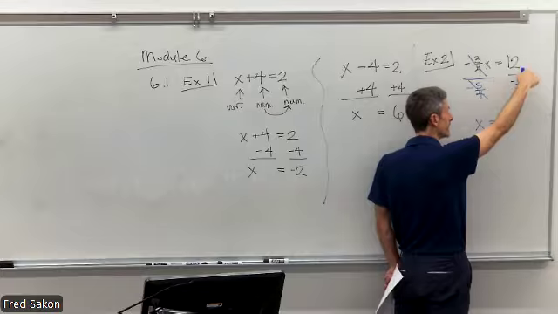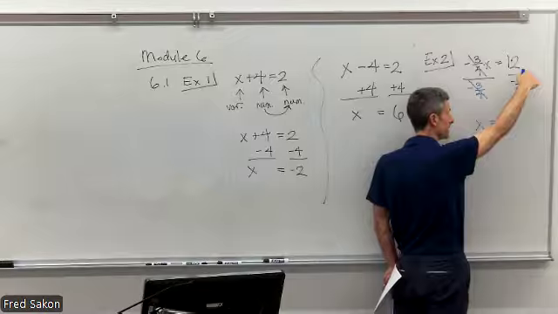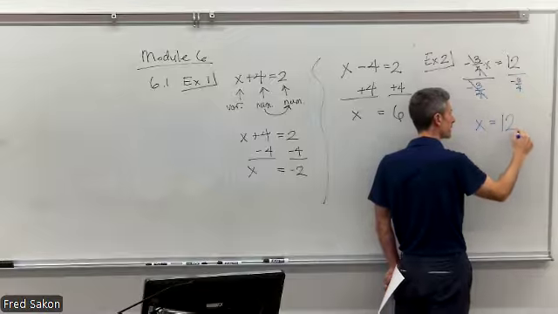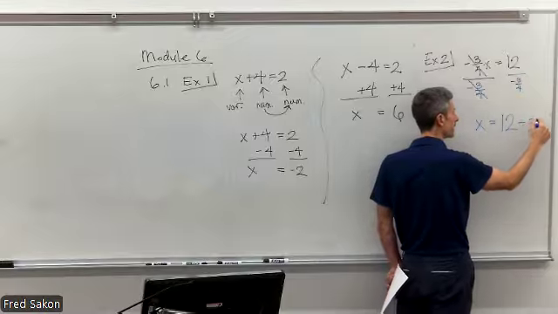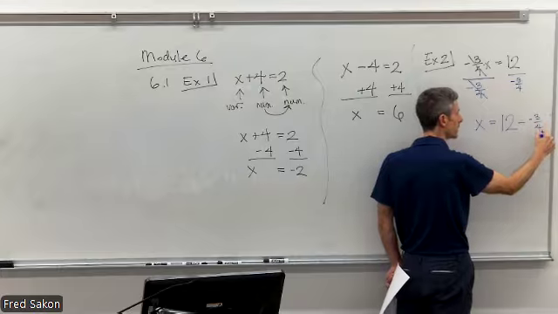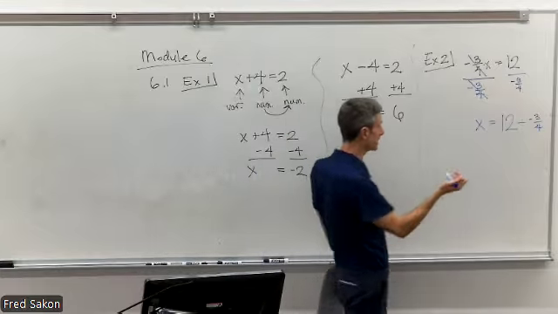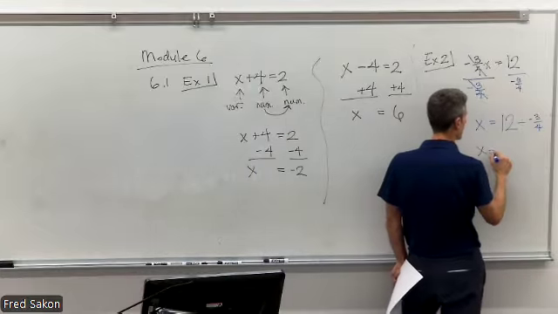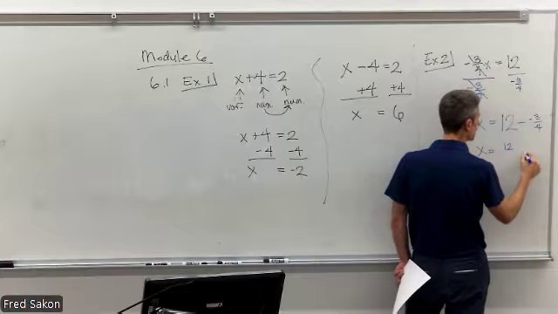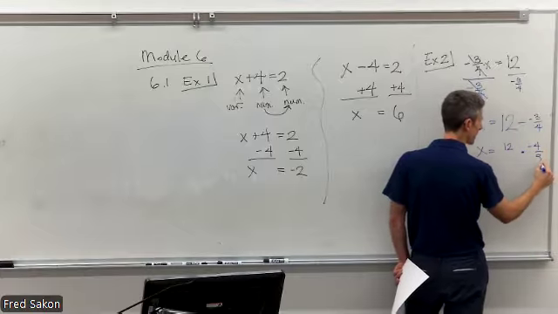I would read this divide symbol, write it this way, and recall when we were doing this before, we flipped the fraction that came after the divide symbol, right? So 12 times the flip is negative 4 over 3.